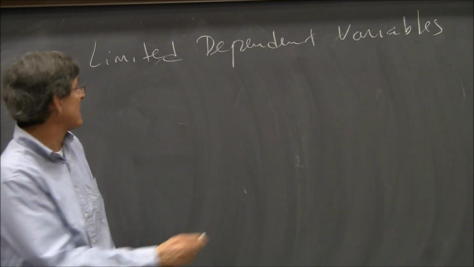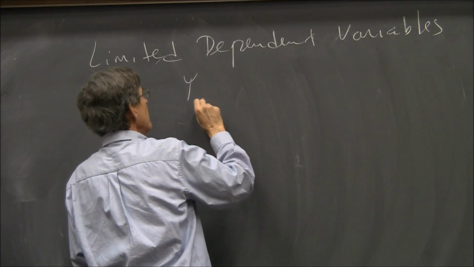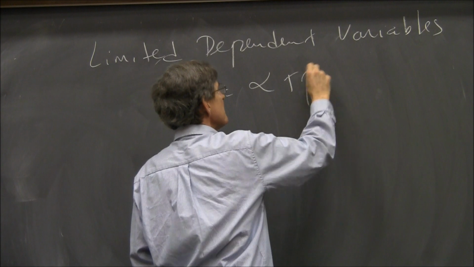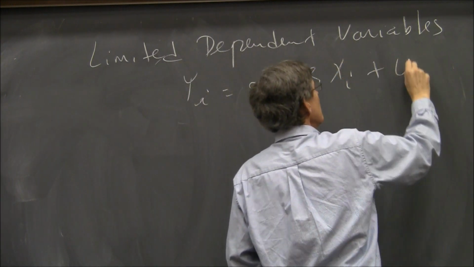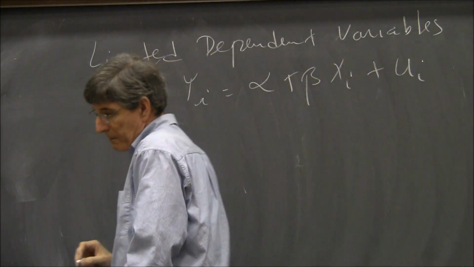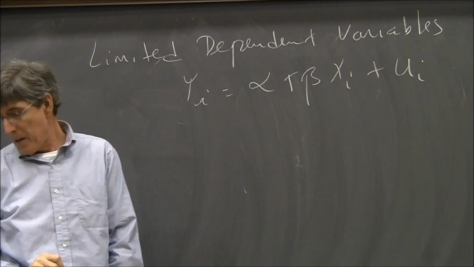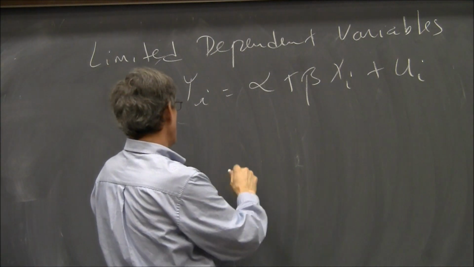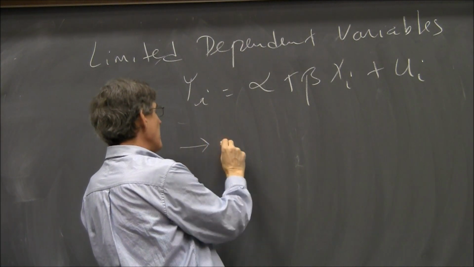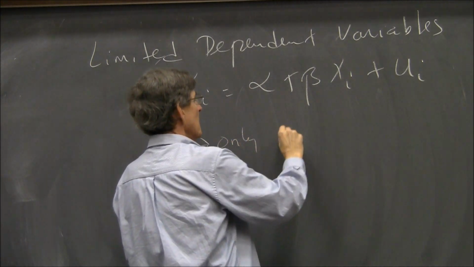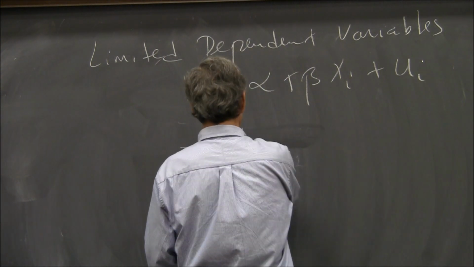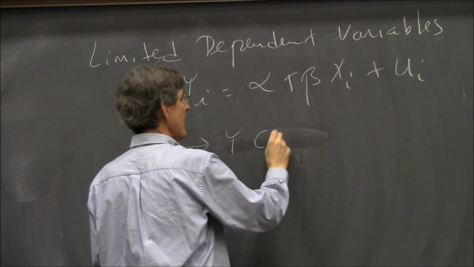So let's just take a standard yi is alpha plus beta xi plus ui. And here's the problem. We only measure, let's just say y cannot be negative.